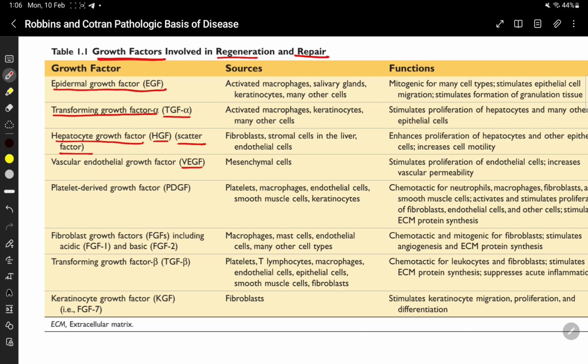VEGF stands for vascular endothelial growth factor. PDGF stands for platelet derived growth factor. FGF stands for fibroblast growth factor, including acidic FGF1 and basic FGF2, transforming growth factor beta, and keratinocyte growth factor, that is KGF.